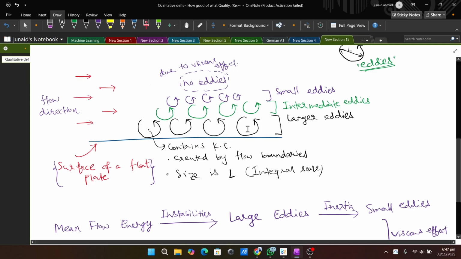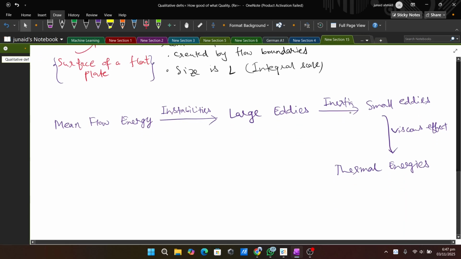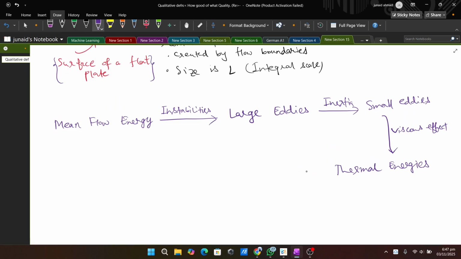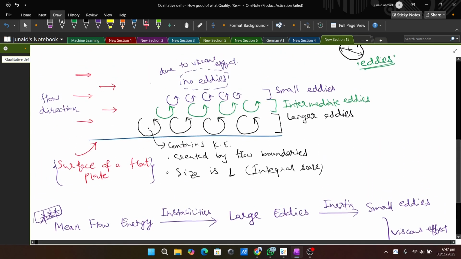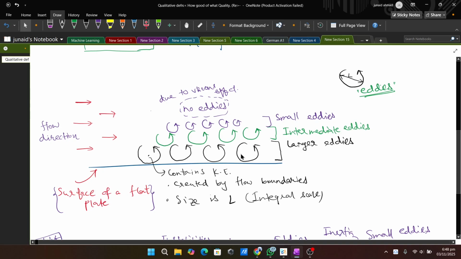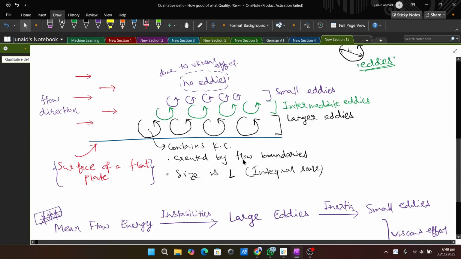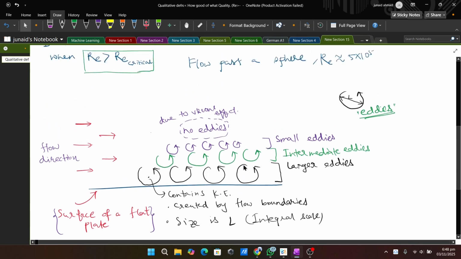In one sense, we can say that due to the resistance, due to the friction of the layers, there are no eddies, and then we get some thermal energies, as the energy is being converted like this. So this flow diagram is quite important. By this we can describe how things are working here. We can very easily interpret these things, and we can also show this diagram and explain what is going on here.